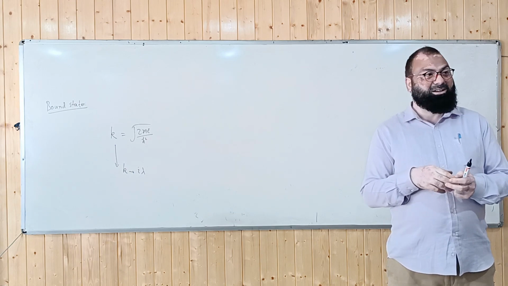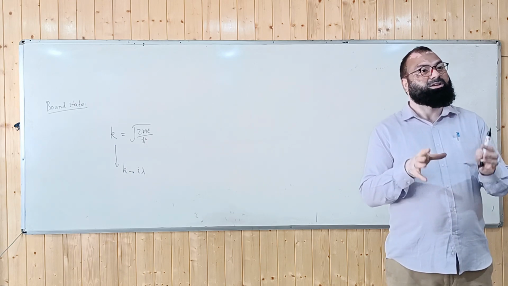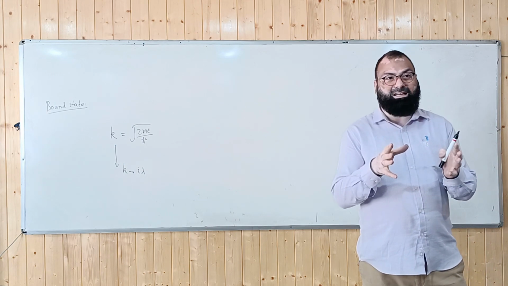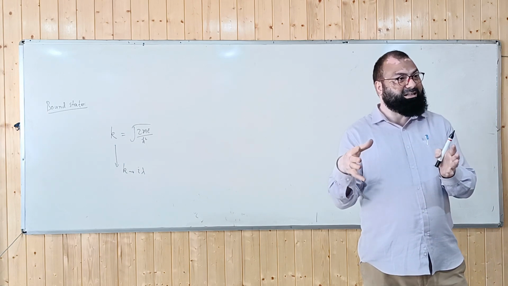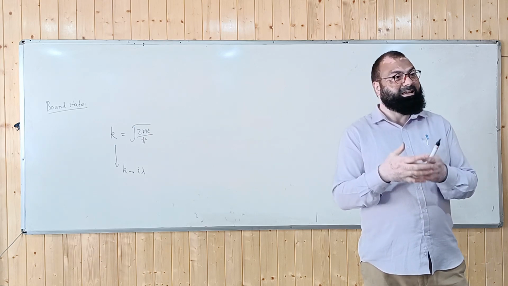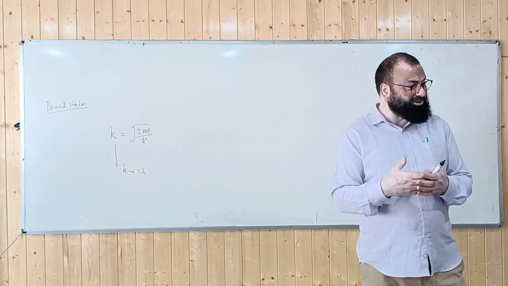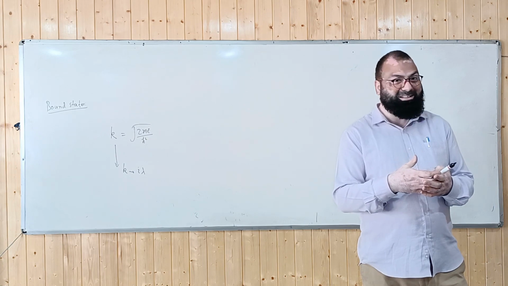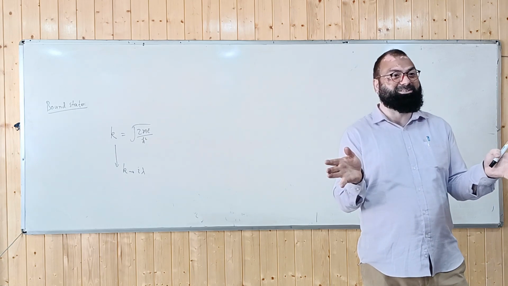Clear? So if your solution has k purely real, that is a solution of the Schrodinger equation, and if you make k complex, that's also a solution of the Schrodinger equation. That means the Schrodinger equation has no problem at all.